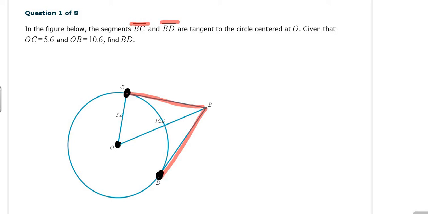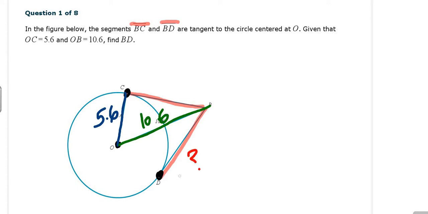Given that OC is 5.6 and OB is 10.6, find BD.